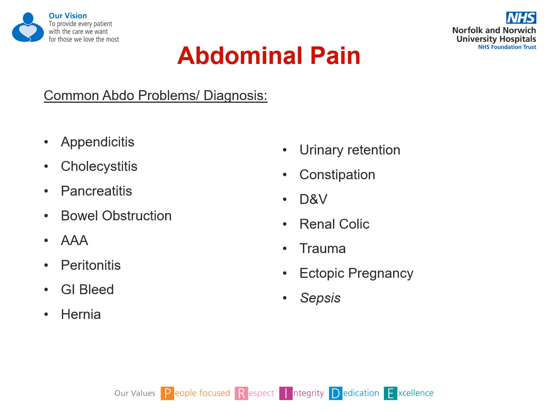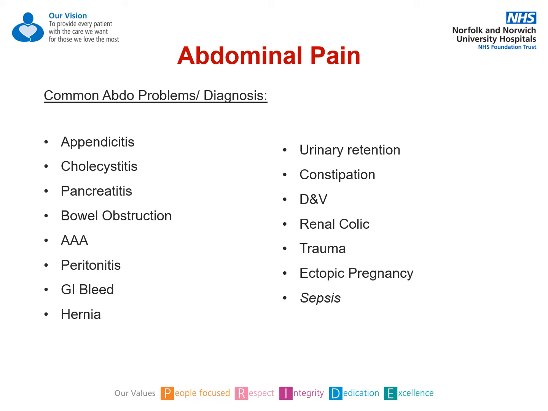Just going to have a quick look at abdominal pain because, as I said, there's lots of stuff going on under there. So the causes for abdominal pain can be massive and varying. I've just listed a few of the really common ones, just to give you a bit of an overview.